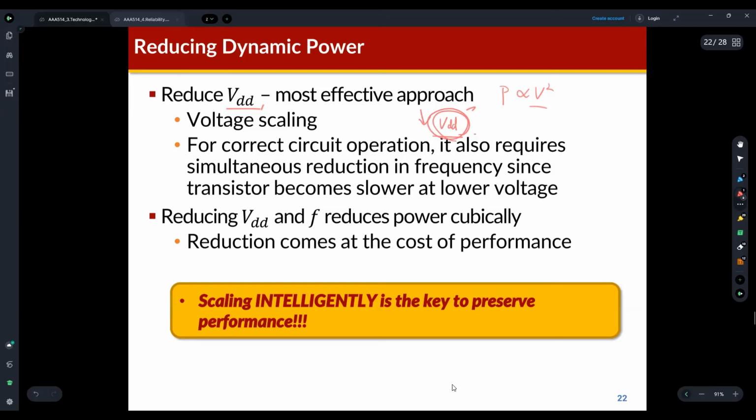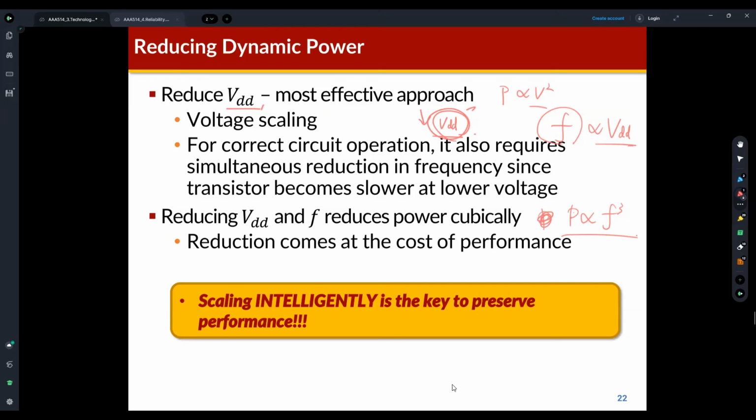The good thing about CMOS scaling is that we can reduce the supply voltage, but as I explained, it's not easy. But if we can reduce the supply voltage, it's the best way to reduce the dynamic power consumption. Also, usually the frequency is proportional to VDD. So if we can reduce VDD, we also reduce the frequency, and the power P is related to the frequency f.